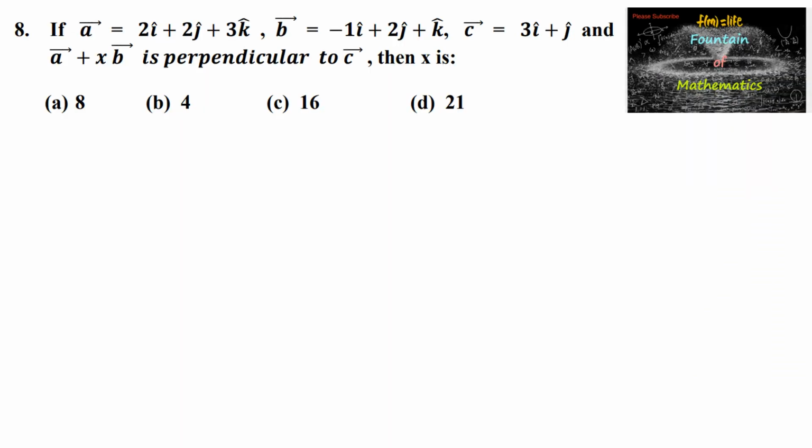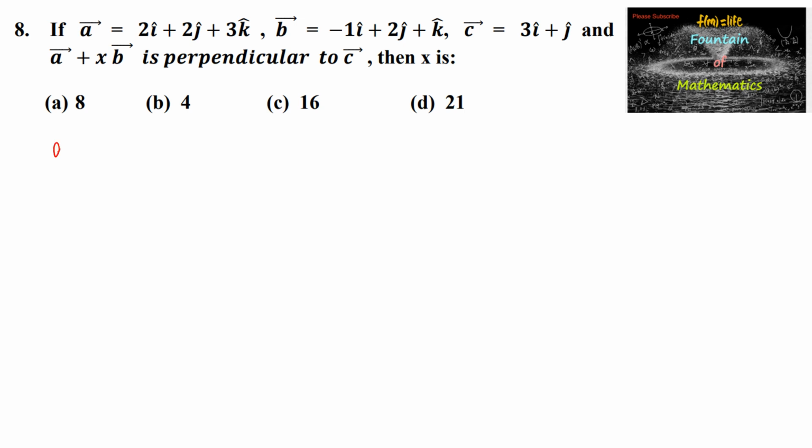If vector A is equal to 2i + 2j + 3k, vector B is equal to -i + 2j + k, and vector C is equal to 3i + j, and vector A + x times vector B is perpendicular to vector C, then what is the value of x?